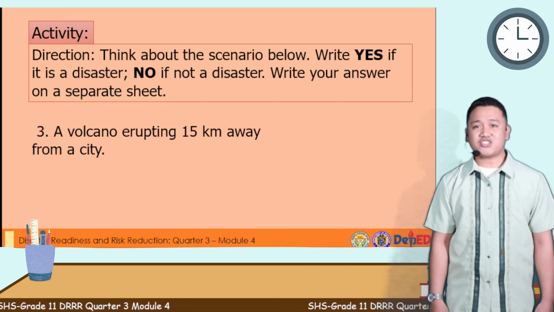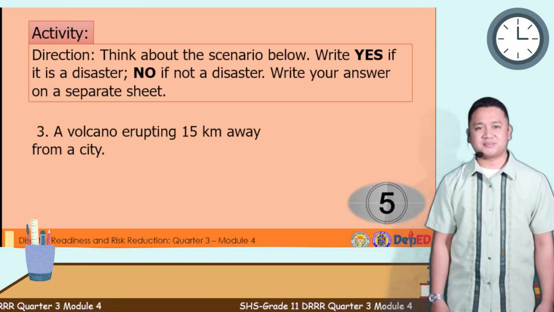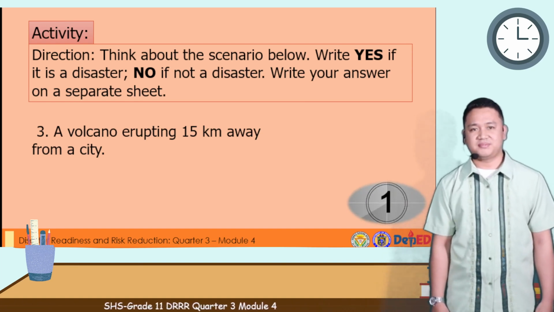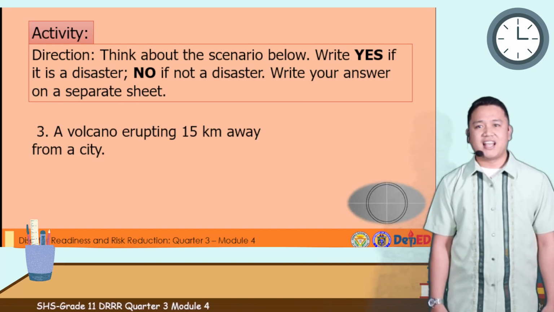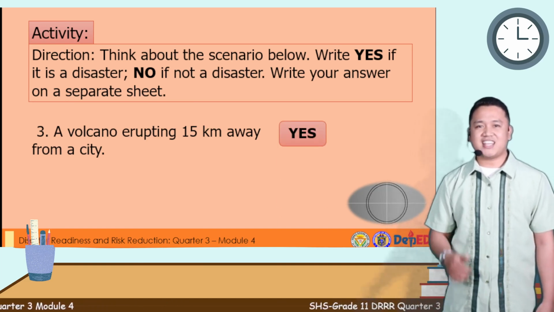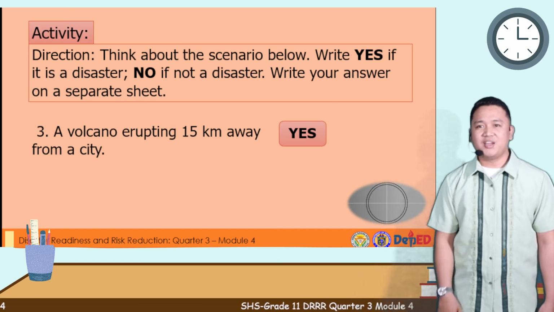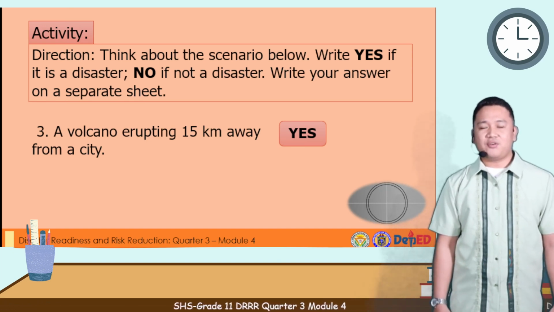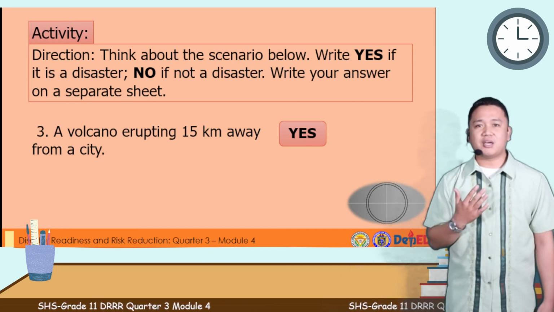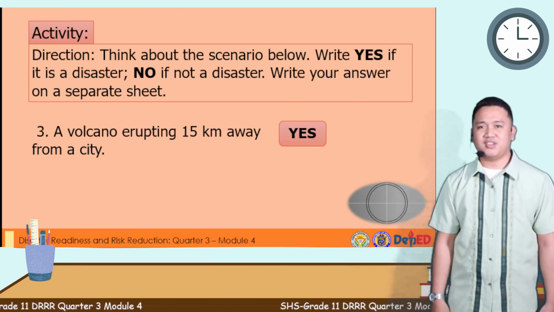Is it a disaster or not? Okay, we will answer it. If your answer is yes, then you are correct, because a volcano erupting 15 kilometers away from a city will affect the people in that certain community.